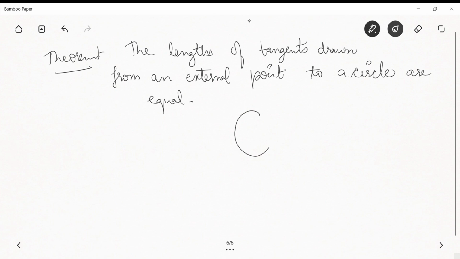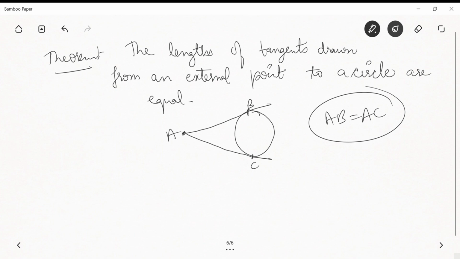So when you draw two tangents from a point which is lying outside the circle, the lengths AB and AC are equal. So this is your second theorem: the lengths of tangents drawn from an external point to a circle are equal. I hope these two theorems are clear to you.